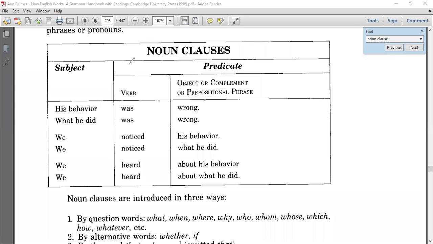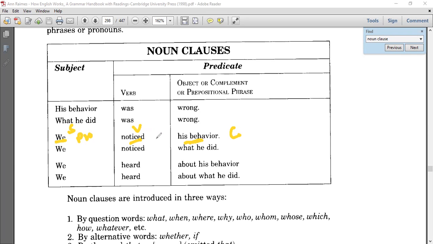Now, if you just look at another example here, we noticed his behavior. We is a pronoun, noticed is a verb, his behavior is a noun phrase, right? So we have a subject, a verb, and a complement. This is a pronoun.